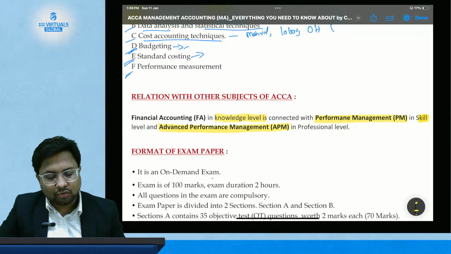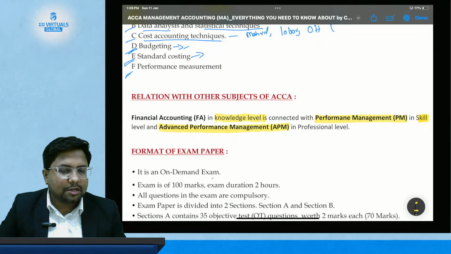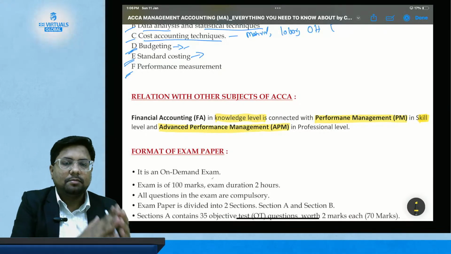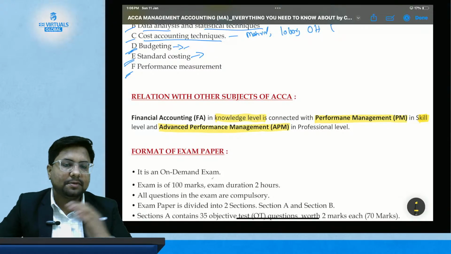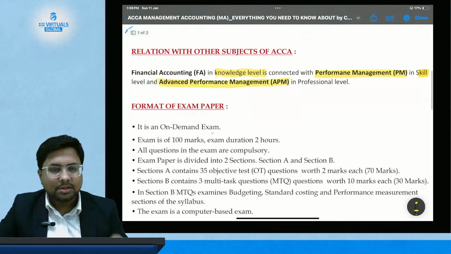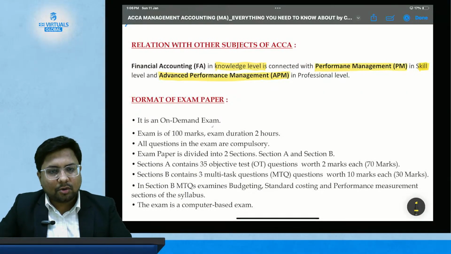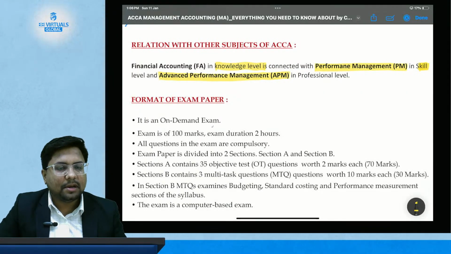I am going to teach you both MA in knowledge level and APM in professional level. So it is related to all the subjects in knowledge level, skill level and professional level. Each subject is related to the others. If you build the base of management accounting in knowledge level, it will be used in skill level and the same will be used in professional level.